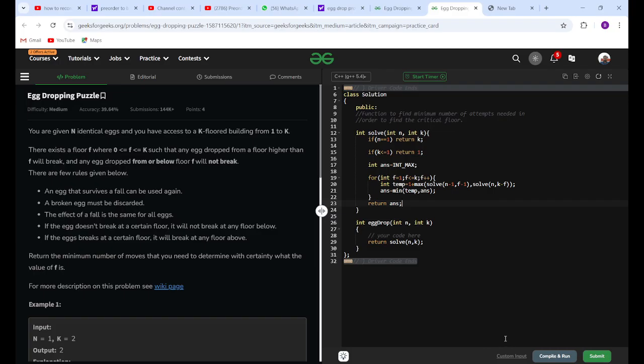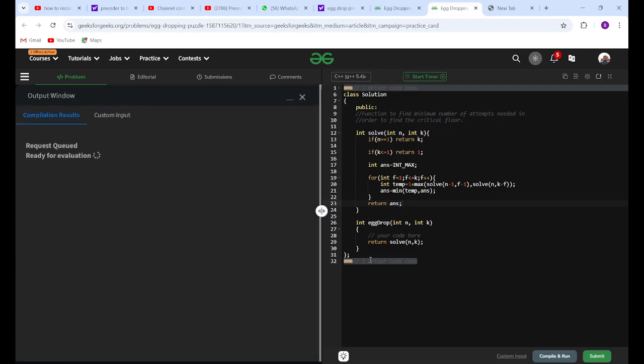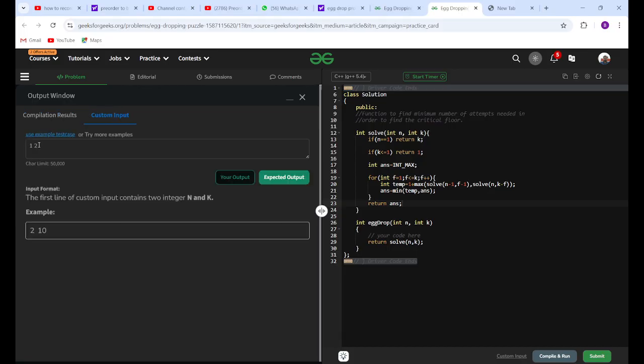Okay, let's compile it. You can put some other example test case and compile it.